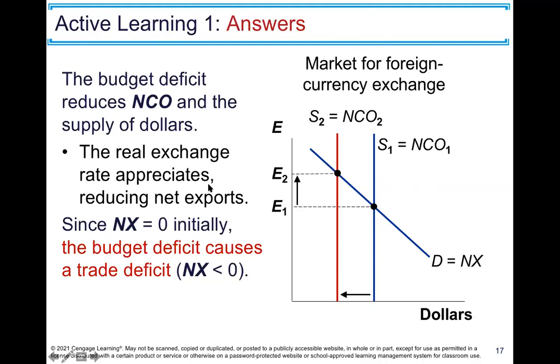That ends the story, and we can see that a budget deficit does cause a trade deficit, because NX decreased. We started off at NX equals 0 over here, and we went to something less, so NX is definitely less than 0 over here, and we have caused a trade deficit.